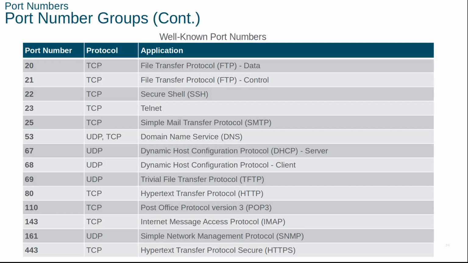Common ports that you tend to see: FTP uses 20 and 21. 20 for the data, 21 for controlling your session. 22 is for SSH, which is what we should be using. Telnet, that's 23, which we shouldn't really be using, unless you want to watch Star Wars from the command line. Have I showed you that?